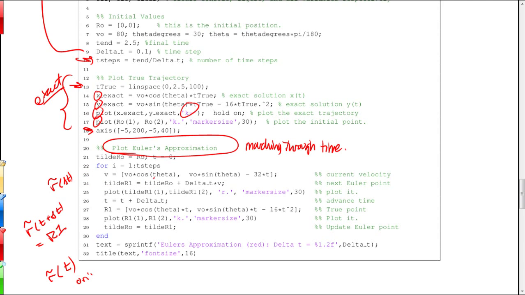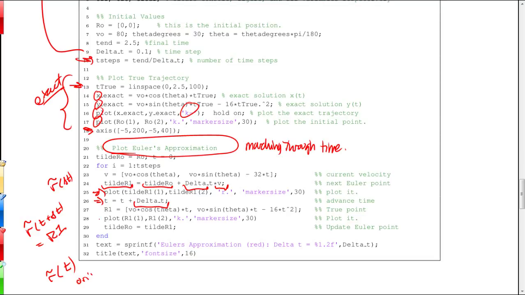This is the original point, and then this is the next point. And notice the next point is just equal to the original point plus delta t times my velocity. And then I plot it, and my value of time increases by delta t.